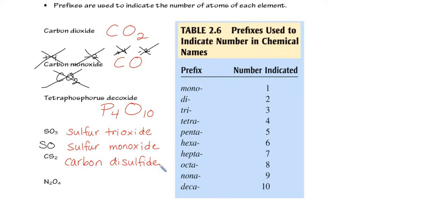I only need the prefix on the second. I do not need to put anything on the carbon. And the last one listed here, 2 nitrogen: dinitrogen. And then I've got 4 oxygen: tetraoxide. Now you could spell this a couple different ways. If you say tetraoxide, that is totally fine. If you drop the a and just go tetroxide, that's totally fine.